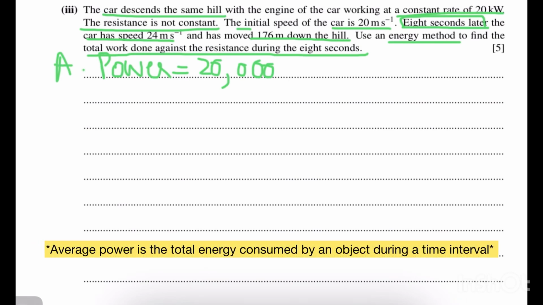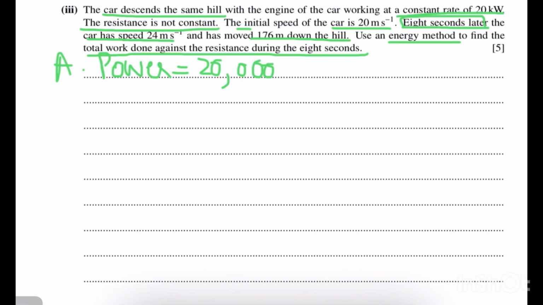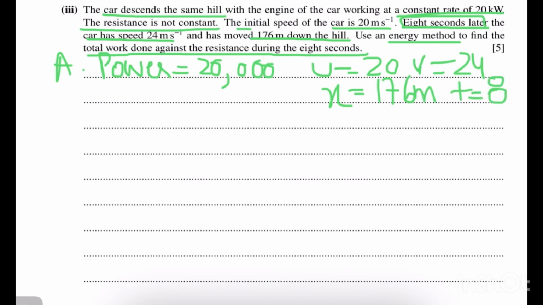Other than that, they've given us the initial speed of the car, which is 20 meters per second. We will write down that as u. And they've given us the final speed of the car, which is 24. And they've given us the total distance traveled, which is 176 meters. And they've also given us the total time, which is 8 seconds.